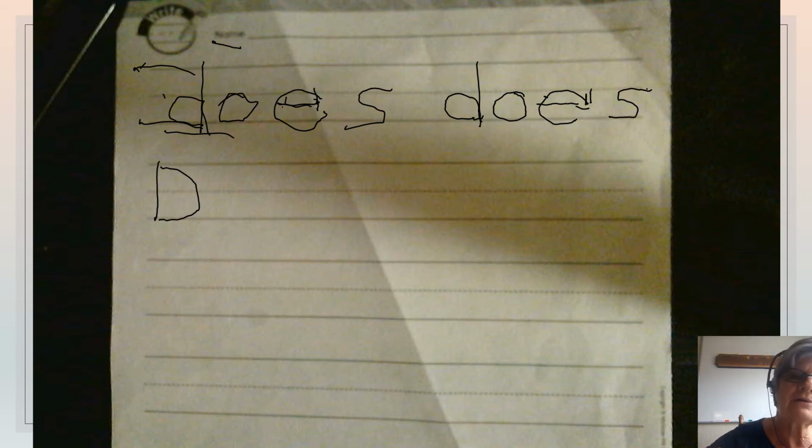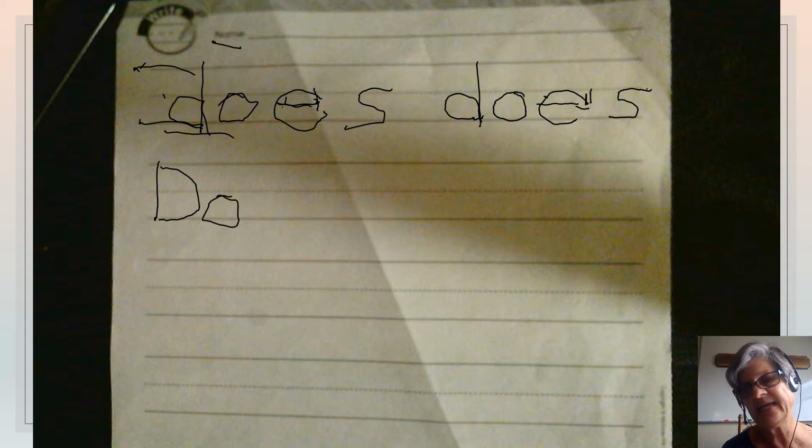Next, we're going to write a lowercase o because remember it has the word do in it. D-O. And again, I'm not writing very neatly because I have to write with my finger on the screen. Somehow my stylus won't let me do that. So I have D-O. Then I have a lowercase e.